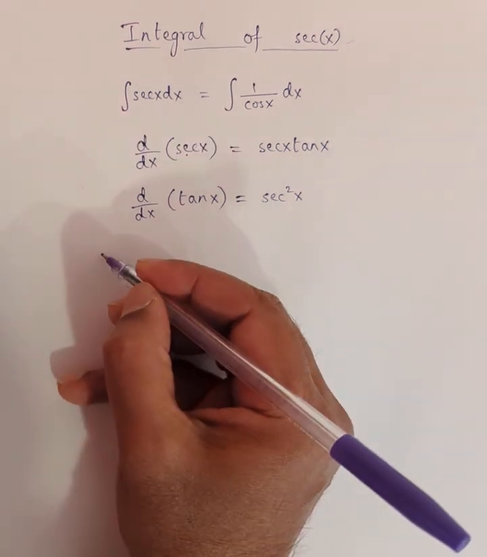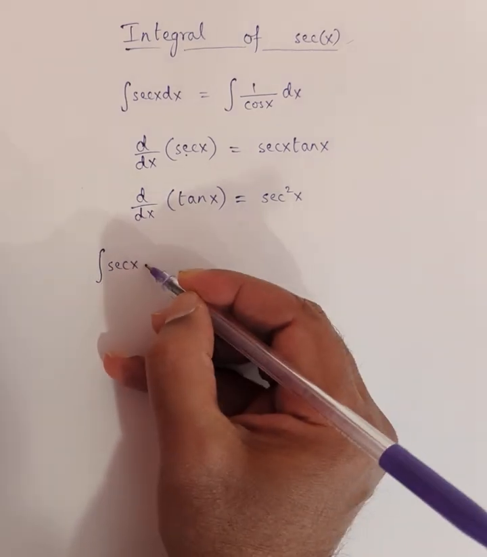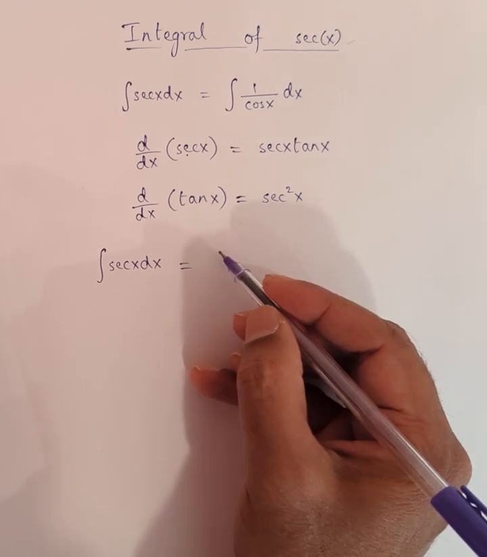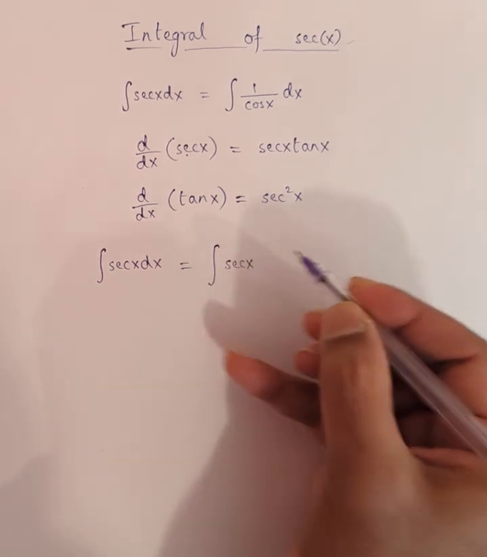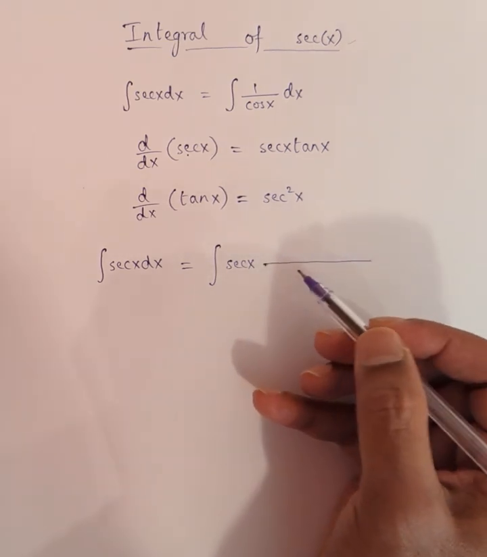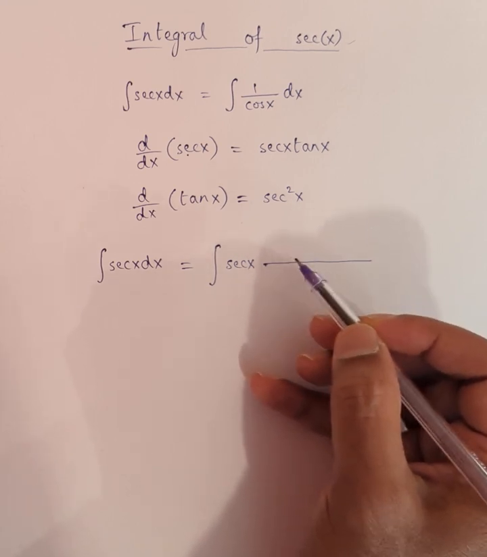If I want to integrate secant x, then I could use this trick. I want to multiply and divide by something where the derivative of the denominator becomes the numerator.